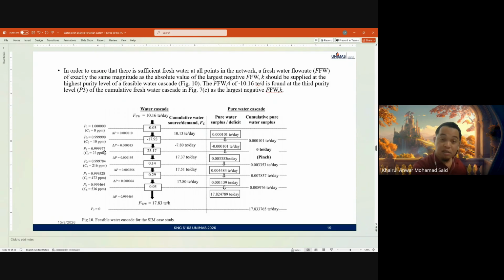But we can reduce it more, meaning the 10.16 tons per day can be reduced much more. The initial value required without water cascade, meaning without redirecting the water, is actually 29. Now we reduce to 10.